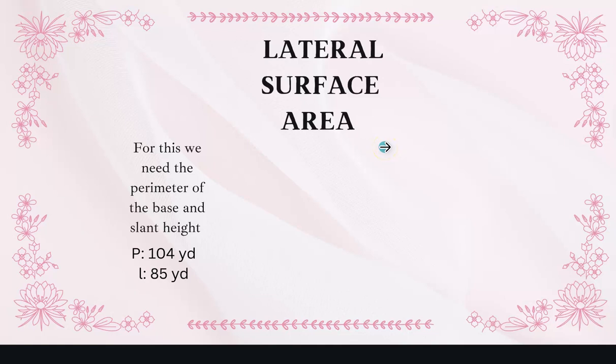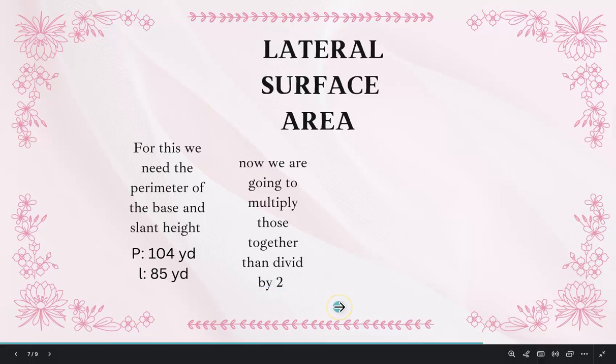Lateral surface area. This is where we're going to talk about how to find the surface area of the figure in total. For this, we will need the perimeter of the base and the slant height, which is capital P and lowercase l, which is 104 yards and 85 yards. We're going to multiply those together and then divide by 2.